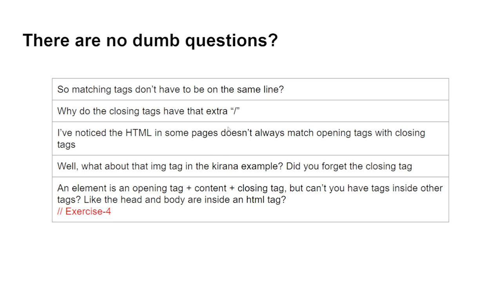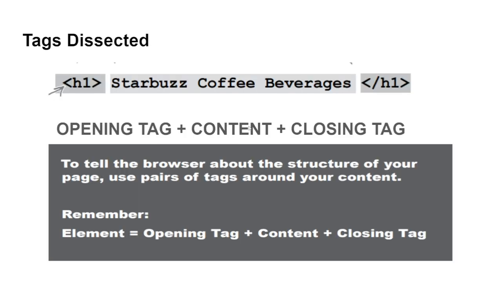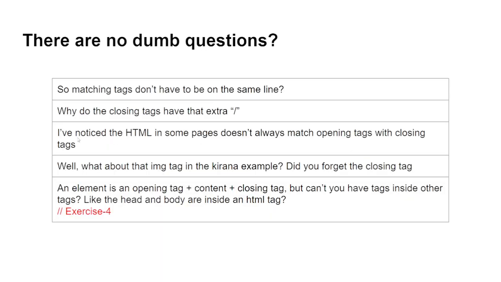If I go to the previous slide, you can see that the H1 tag starts over here, then we have our content. Now, how do we tell our browser that the content of our H1 tag has to end over here only, nothing beyond this? So we put a matching pair tag, but with a slash.